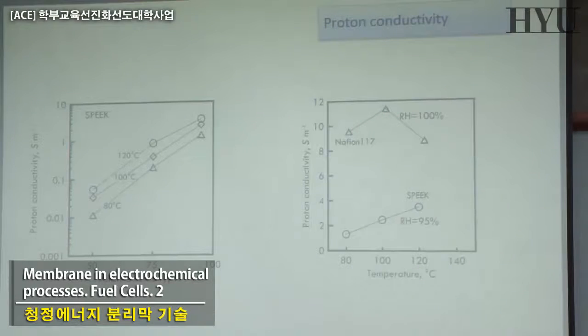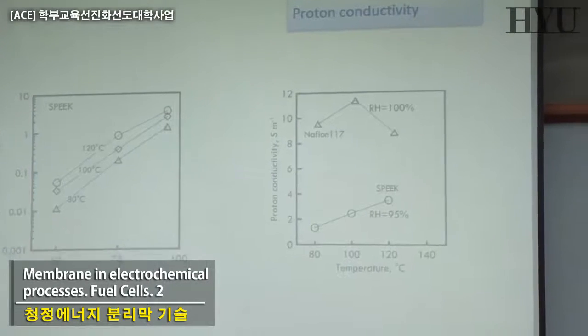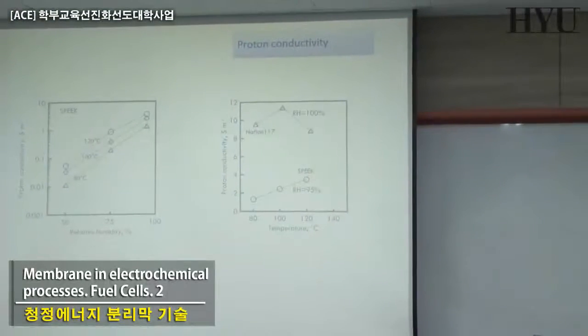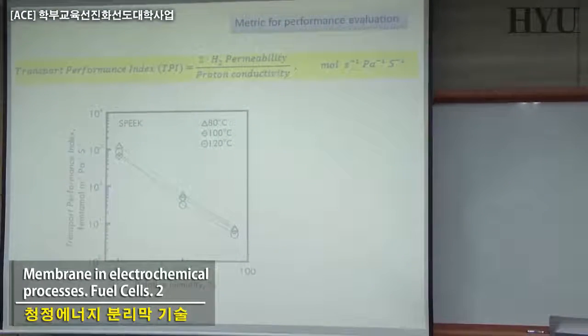Nafion always has much higher proton conductivity, but with increasing temperature, when you arrive at 120, you can see here that with PEEK there is still no evidence of any degradation, and with Nafion you're dramatically going down. That is one of the points suggesting that it makes sense to spend some more time doing these kinds of things.